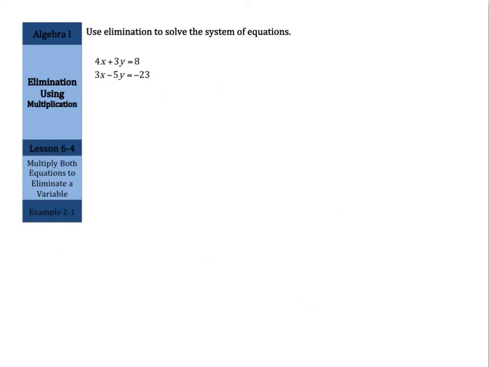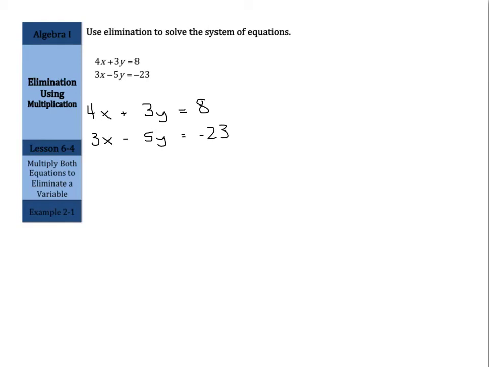Now we can take a look at a system of equations where we need to multiply both equations to eliminate a variable. We have 4x plus 3y equals 8 and 3x minus 5y equals -23. Now let's rewrite these here just to give ourselves a little bit more room. 4x plus 3y equals 8 and 3x minus 5y equals -23.